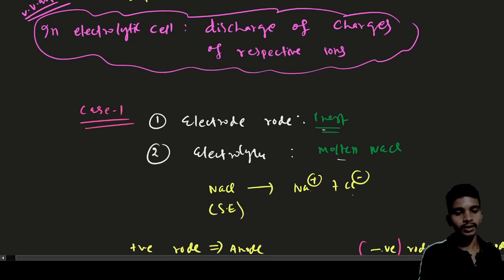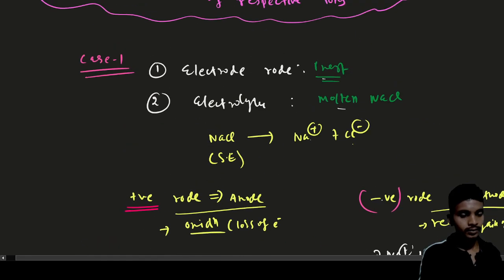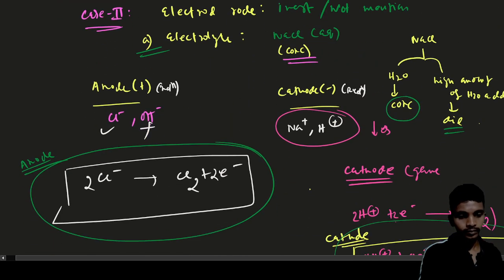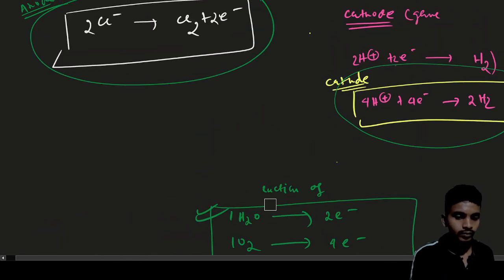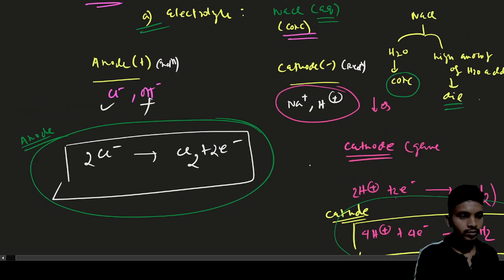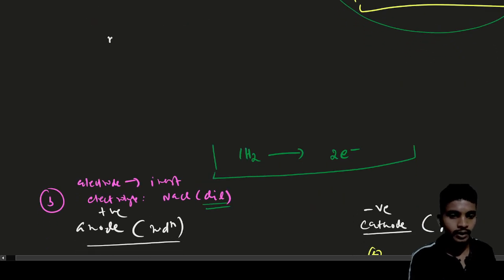And we have discussed all the cases. See, in these reactions what happened is, in case 2 we have taken NaCl in aqueous solution. It means we have NaCl and we have water.